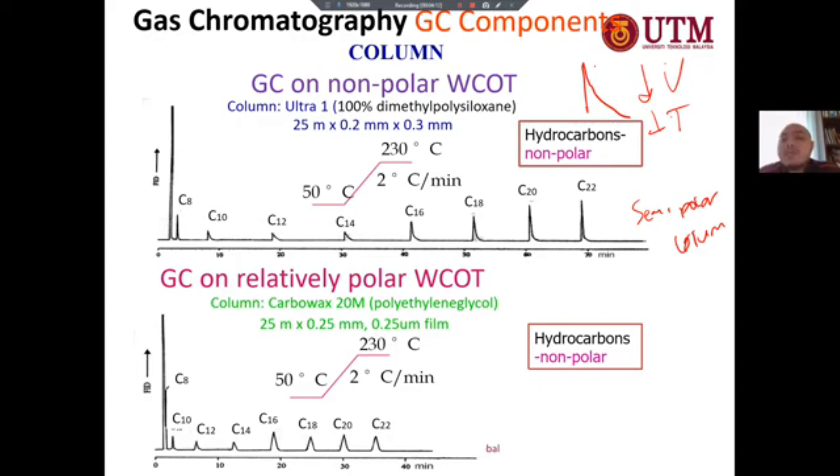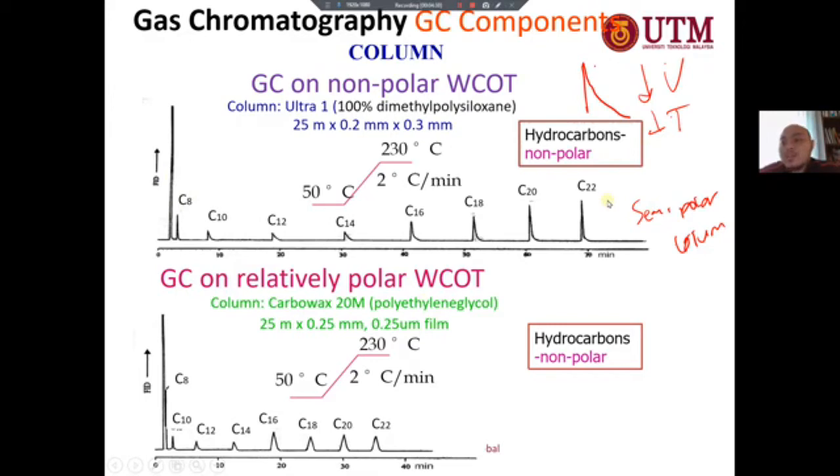Usually for examination, we just decide between the non-polar and polar, which one you prefer for separating non-polar hydrocarbons, that kind of example. So maybe you can suggest that to separate non-polar analytes, we better choose a non-polar column.